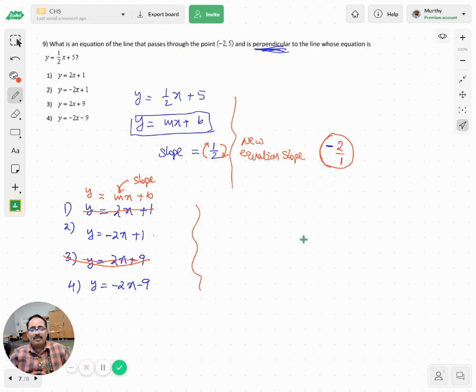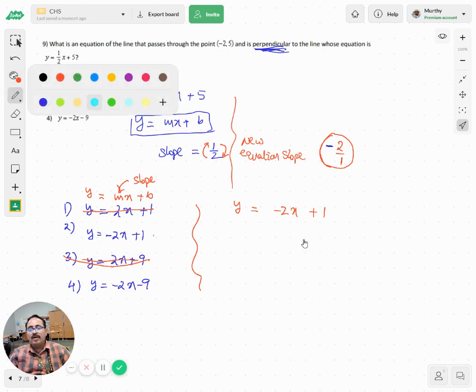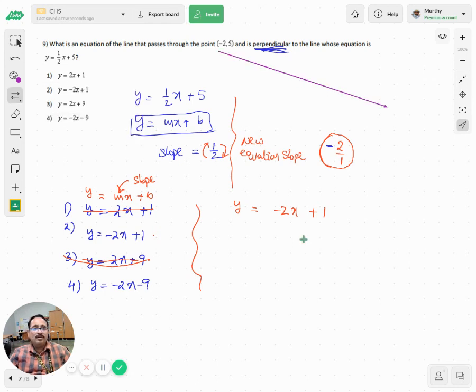So let's plug in the values. y equals negative 2x plus 1. And this time, what I have to do is bring this point here, and the x and y values I have to plug in here. The value of x is negative 2.